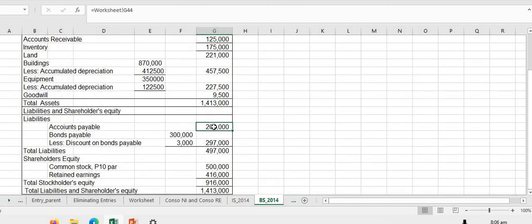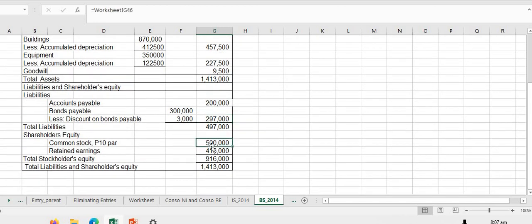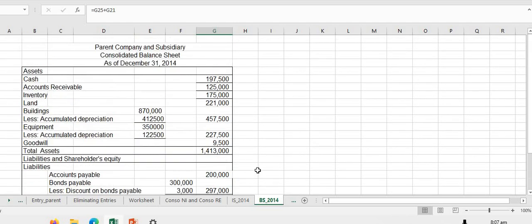Again, these were taken in our worksheet, diba? Okay, yung bonds payable natin, 300,000, pero may discount tayo na 3,000. So, it's carrying amortization effect, 297,000. Okay, may common stock tayo, na 100,000, and retained earnings consolidated of 416,000. So you have total liabilities and shareholders' equity of 1,413,000. Yan siya. Okay.